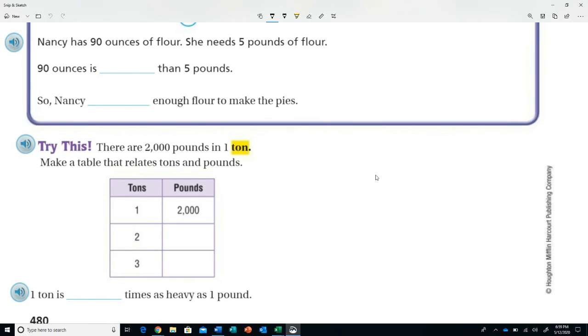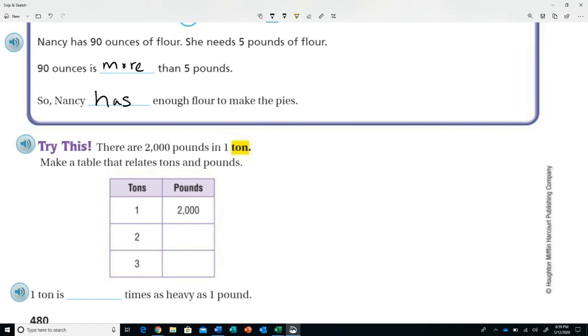It says Nancy has 90 ounces of flour. She needs 5 pounds of flour. 90 ounces is more than 5 pounds. So Nancy has enough flour to make the pies.